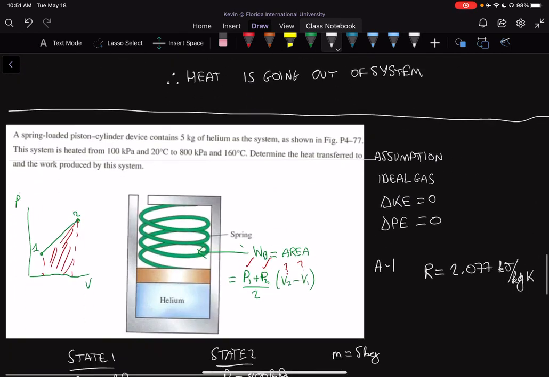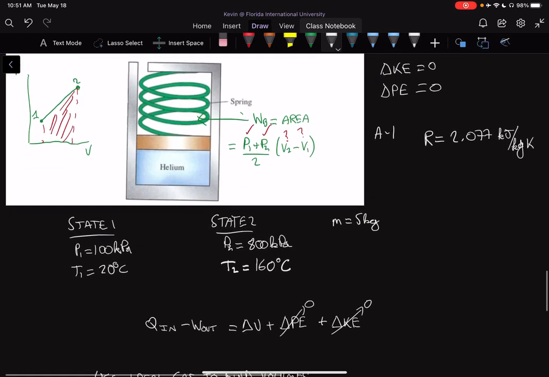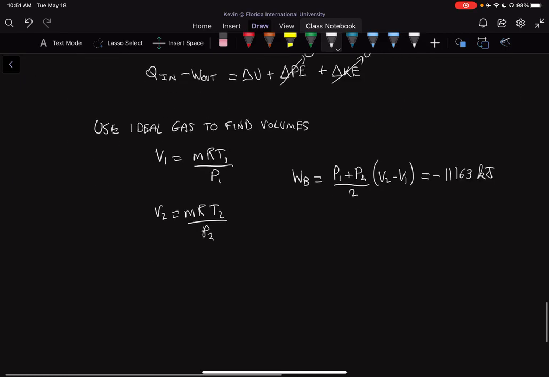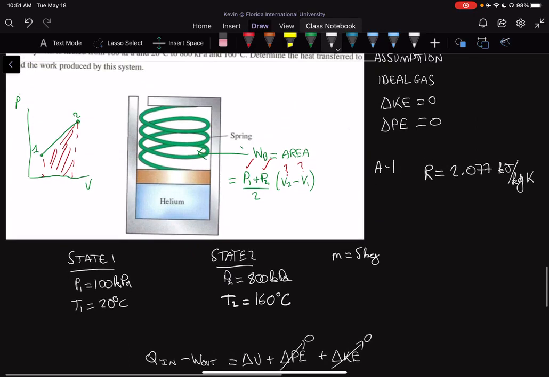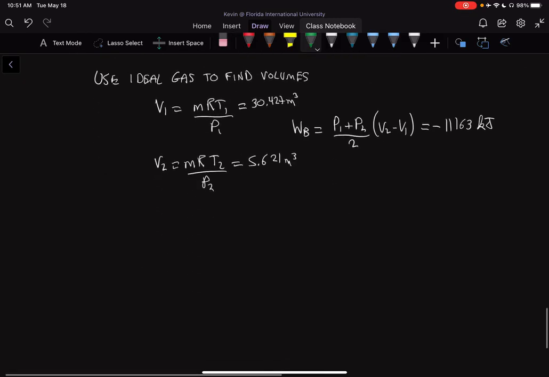If we were to actually plot our PV diagram, V1 would be equal to 30.427 meters cubed, and V2 would be equal to 5.621 meters cubed. Okay, so those are the two values. So if we draw the PV diagram, we know our pressures, we know our volumes, we have a different shape than before.